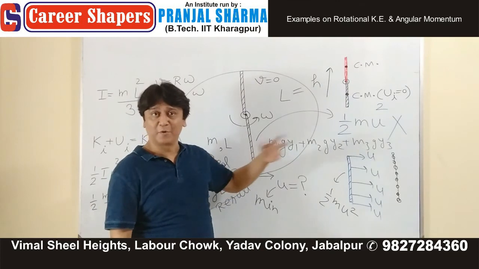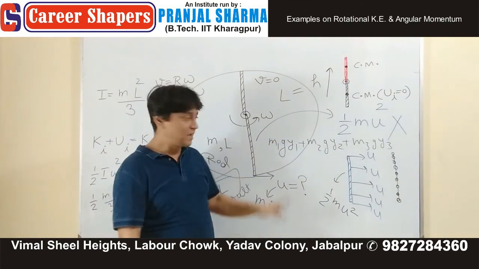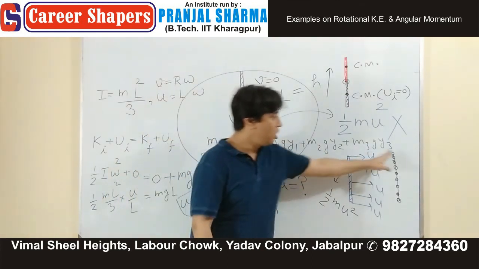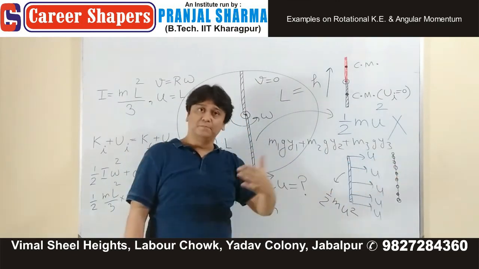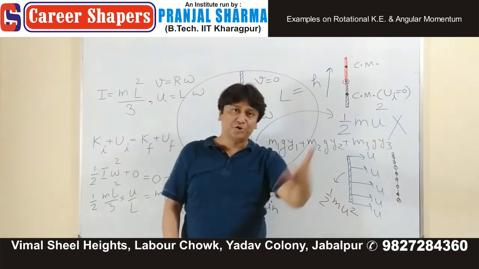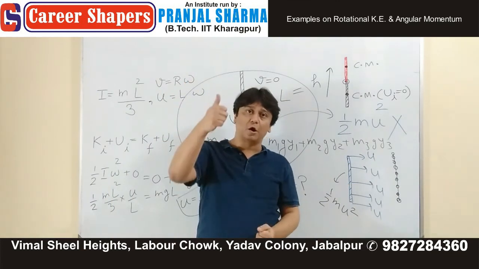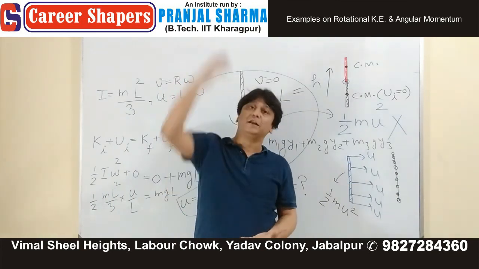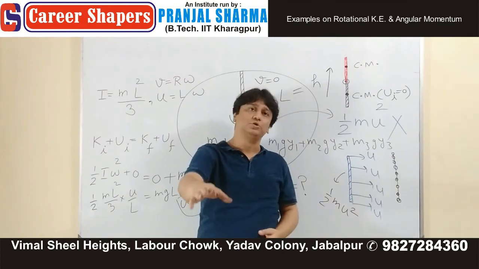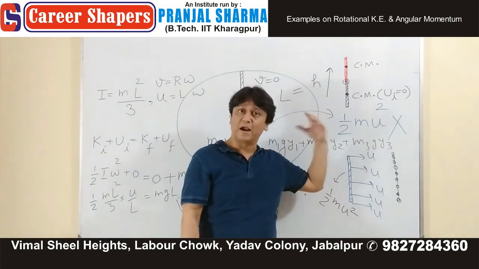Provided G everywhere is what? Same. Look, what did I tell you, if we take G as common, common means it is the same everywhere. Imagine a rod of height 10 kilometers. You're holding a vertical rod of height 10 kilometers. You cannot use the concept of center of mass for that also.